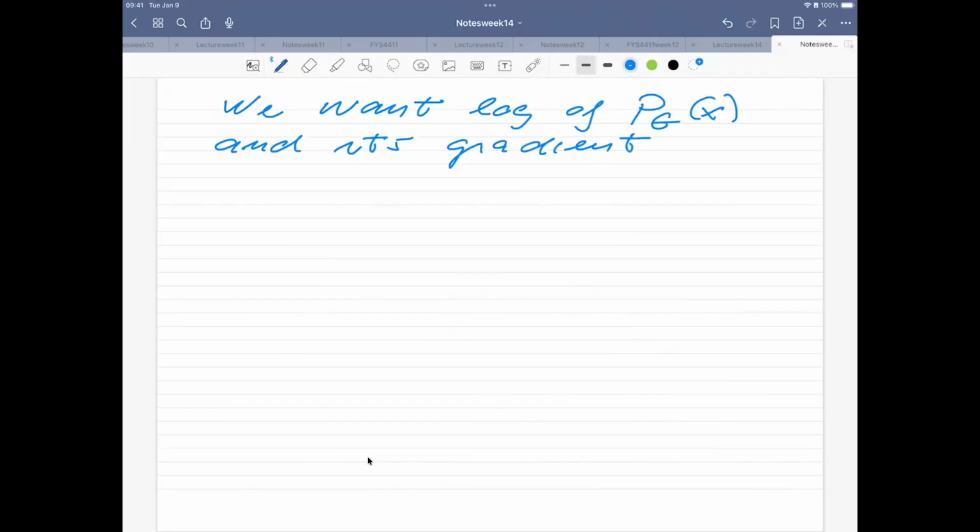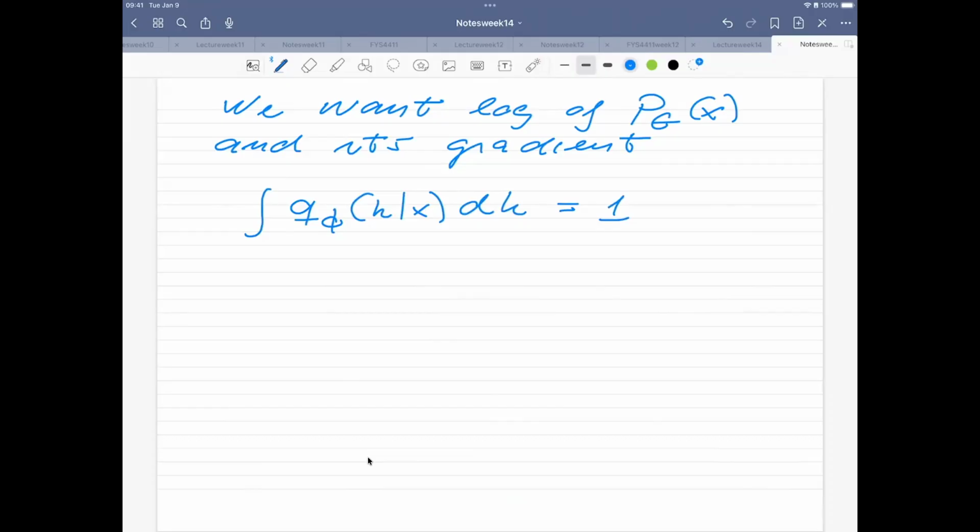If we do the log, what we are going to use as a small intermediate trick is this q of phi, which is a distribution which we haven't defined. It is a set of variables phi, which we also need to include in the optimization, and it is q of h given x. So this is a conditional probability. All the probabilities are obviously normalized, so this is equal to 1.